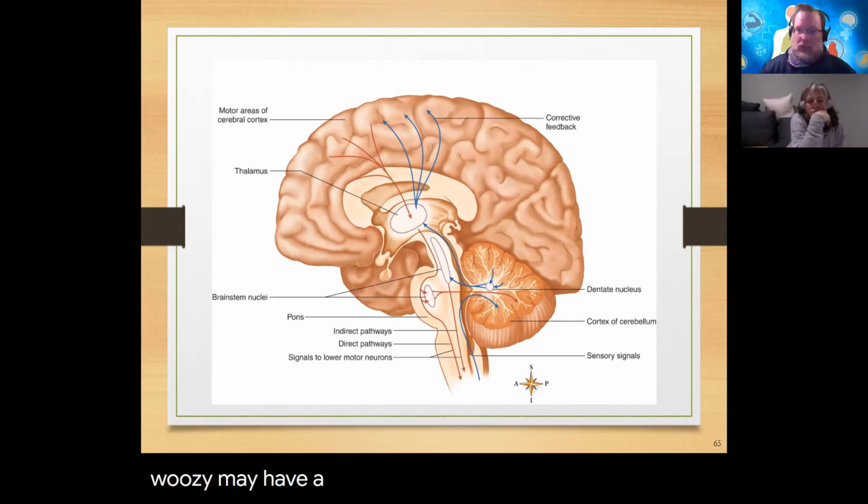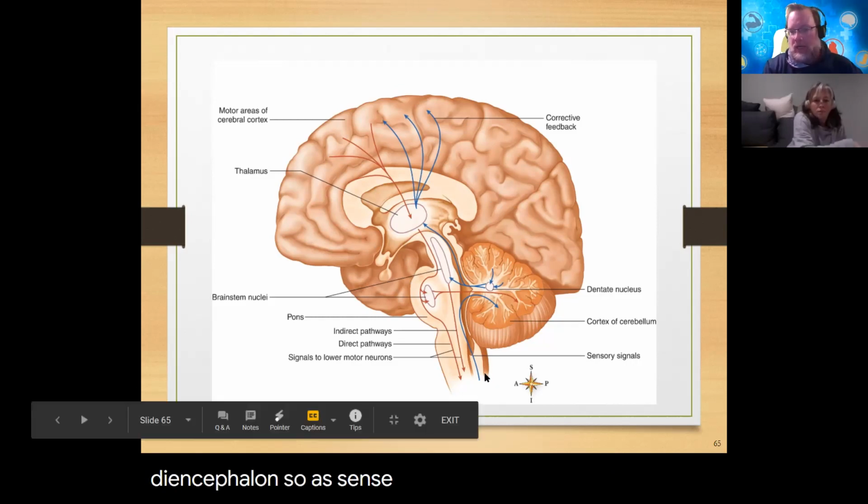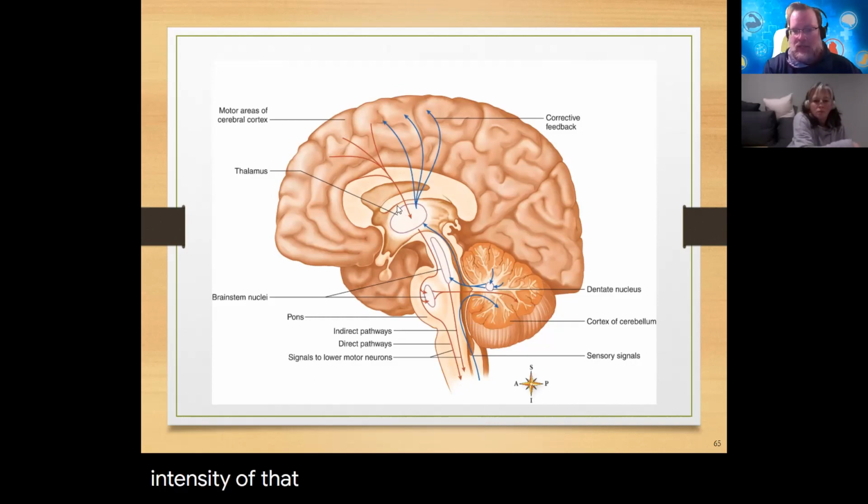You may have a blood pressure drop all of a sudden. You may go into shock, right? Depending on the degree of pain. That's going to be right here in this diencephalon. Okay, so depending on the degree of intensity of that sensory, as it passes through, it's going to trigger that fight or flight stuff.